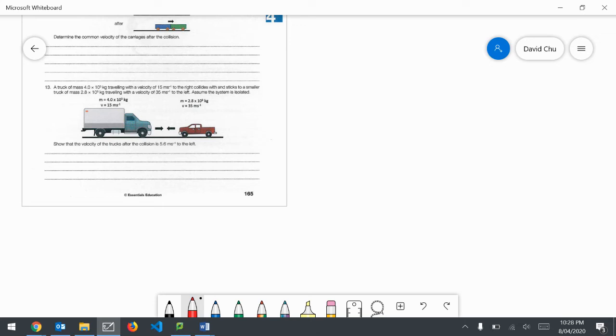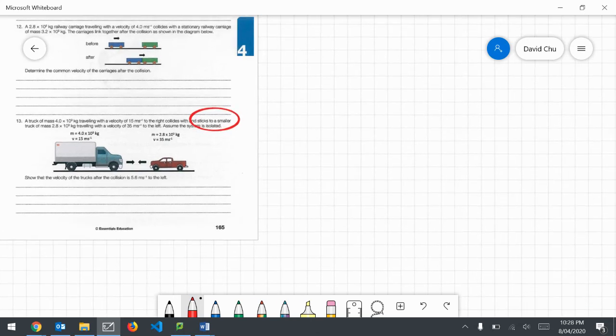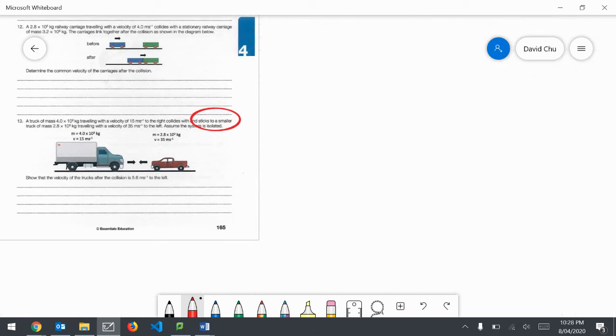First of all, it is a head-on collision again. What we know is afterwards the two of them are traveling together, so it sticks to the smaller truck. The two of them are going to travel together. So we're going to make a slight modification in our formula in order to conduct this question.